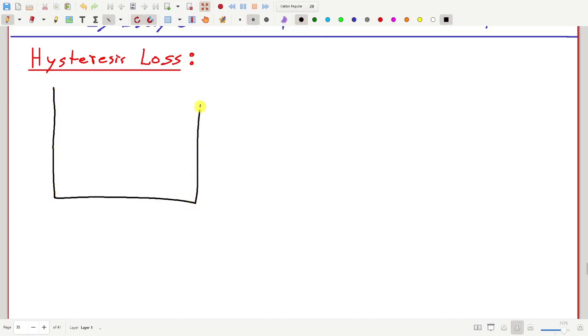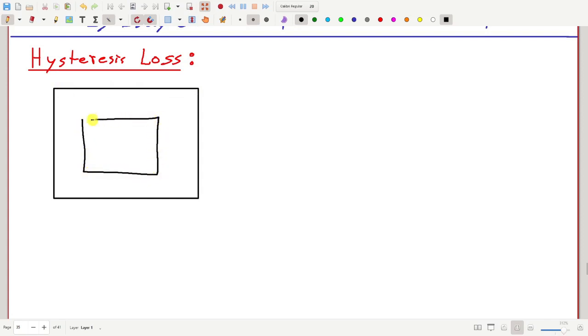We have a core of some magnetic material, and this is made up of many small tiny magnets, north, south, etc. And when we have an alternating supply here, then the flux direction changes, and therefore continuously these magnets will have to reorient themselves in opposite directions.